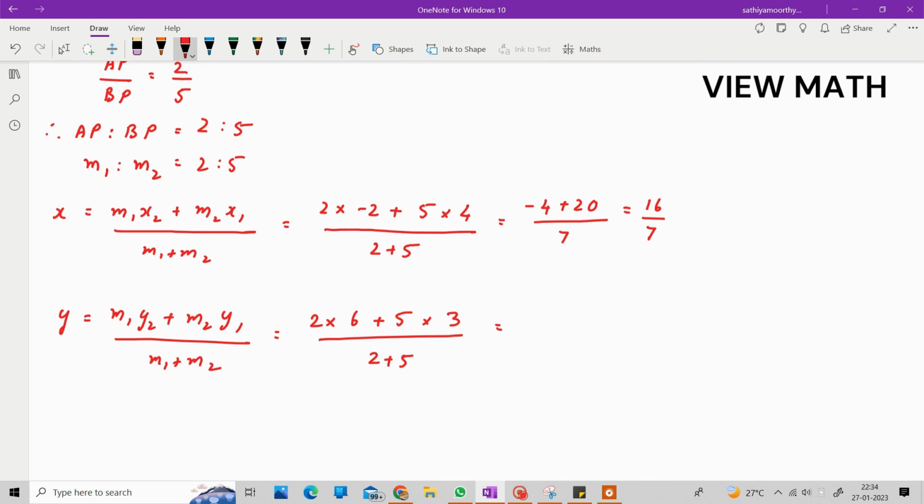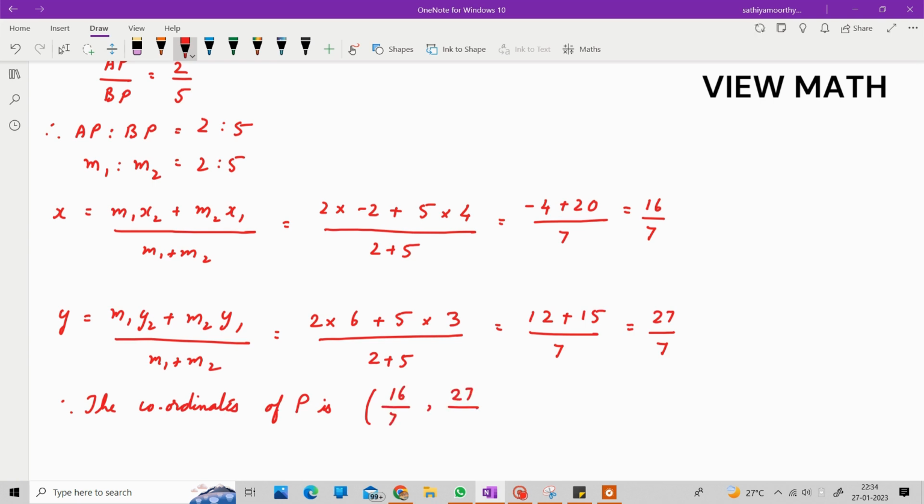So this is equal to 12 plus 15 divided by 7, which is 27 by 7. Therefore, the coordinates of P are: x coordinate is 16 by 7, y coordinate is 27 by 7. So we have found it out.